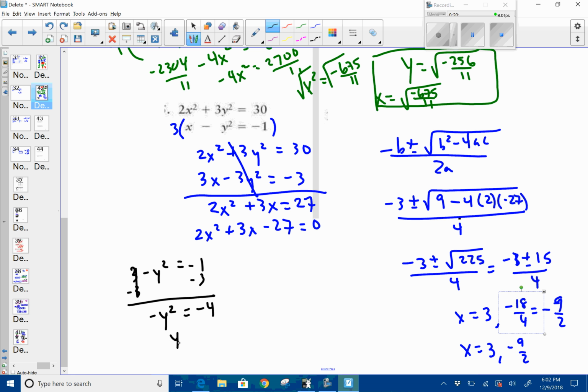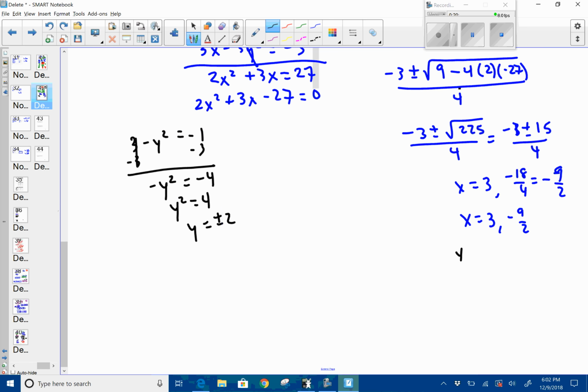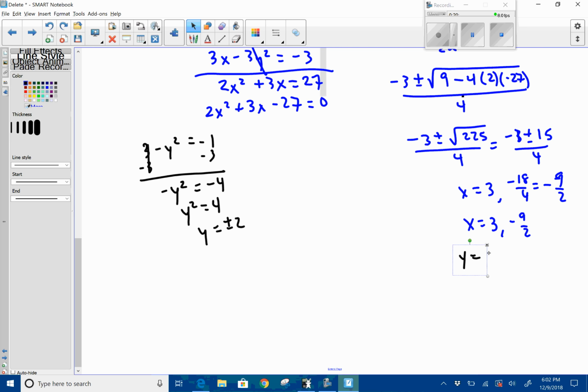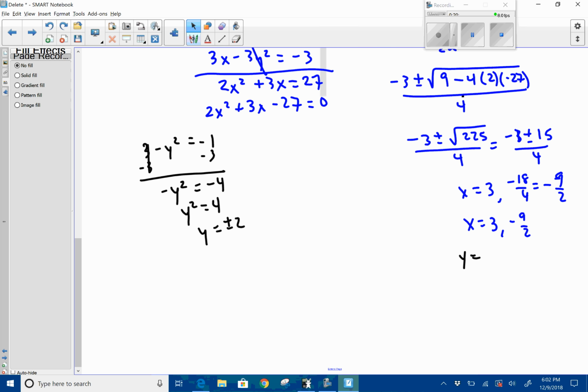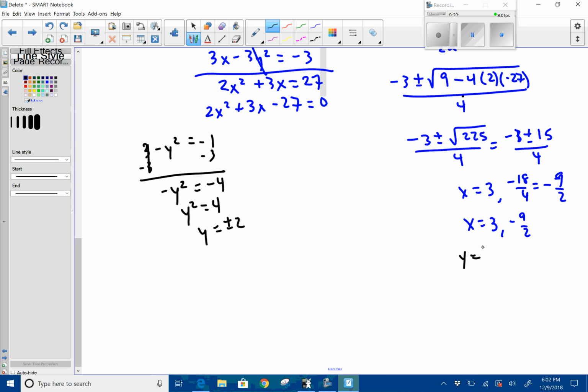Divide both sides by negative 1. I get y squared is equal to positive 4. And I get y is equal to positive or negative 2. So if x equals 3, then y is going to equal positive or negative 2.